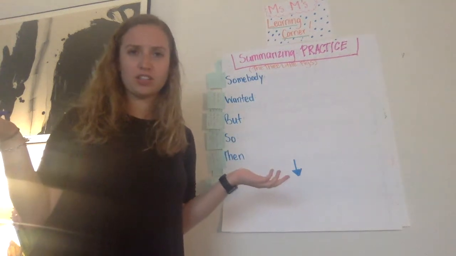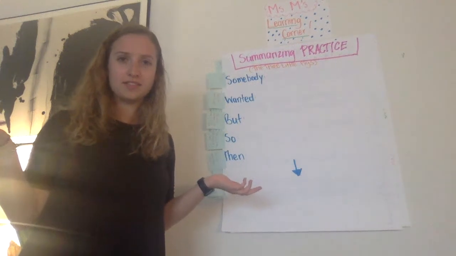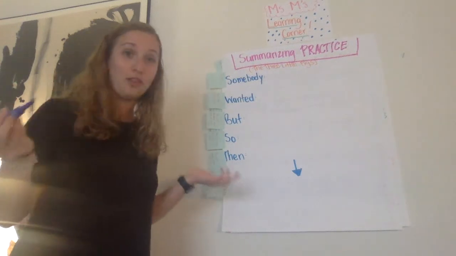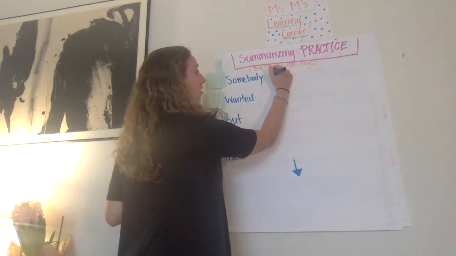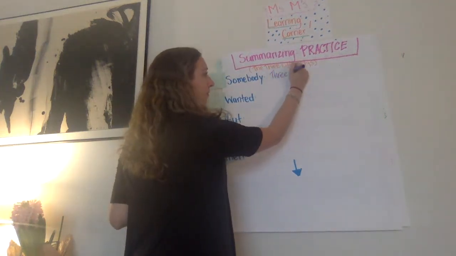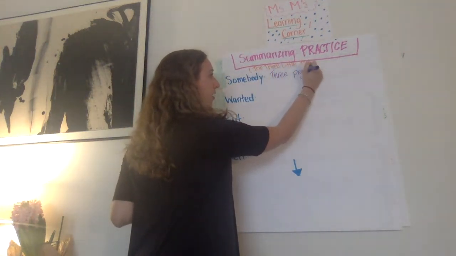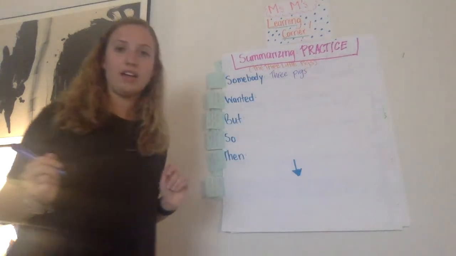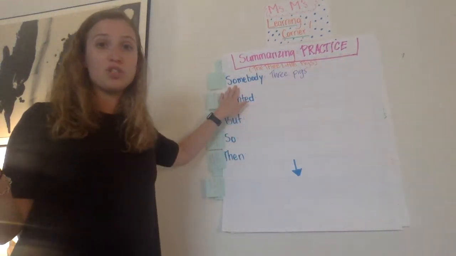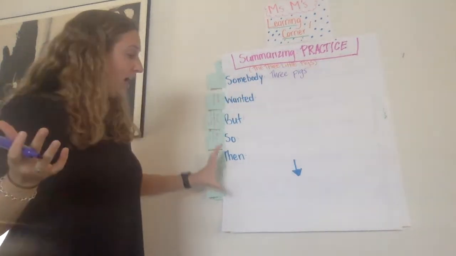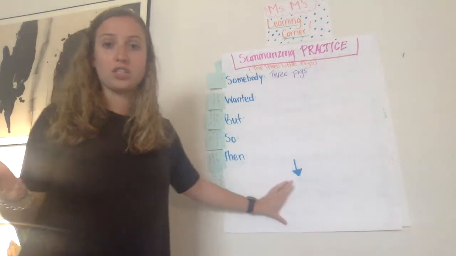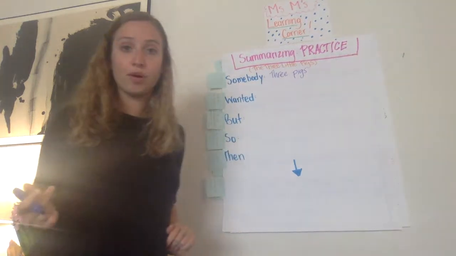Who are the main characters in the 3 Little Pigs? Right, the 3 pigs. So our somebody are the 3 pigs. Okay? You can see right now, I'm just bulleting my answers. I'm just writing it down in my own words so at the end, I can summarize it all together in a nice paragraph form.